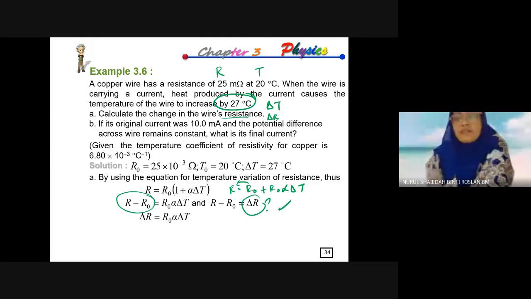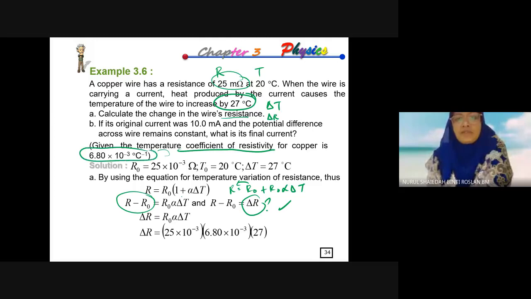So delta R equals to R0 alpha delta T. R0 yang initial ni sebab without this thing, so you ada 25 times 10 power negative 3 because milli. Alpha given ni kat bawah ni, temperature coefficient of resistivity. Alpha, delta T 27. So you akan dapat 4.59 times 10 power of negative 3 ohm. Soalan dia tak susah, dia janji you faham lah R tu apa, R0 tu apa.